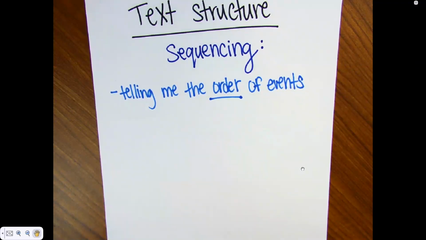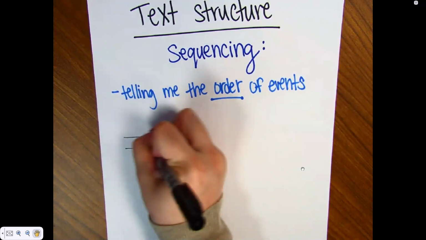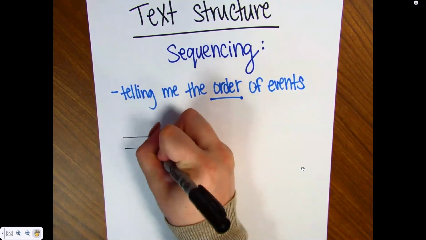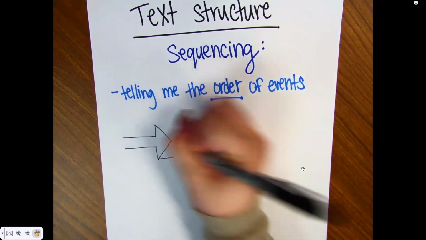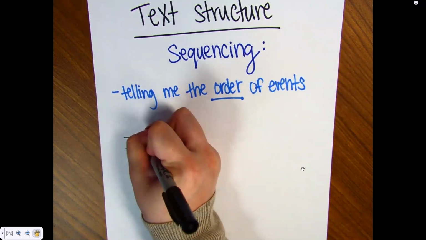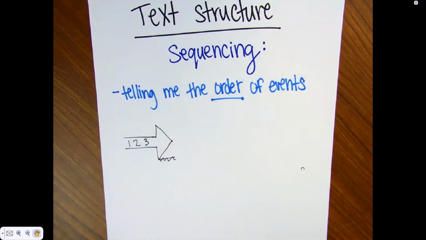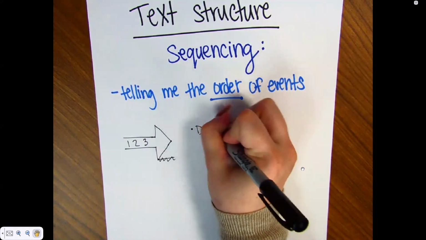So when it's telling me the order, it may be giving it to me with arrows. I may have 1, 2, 3. It could also be dates.